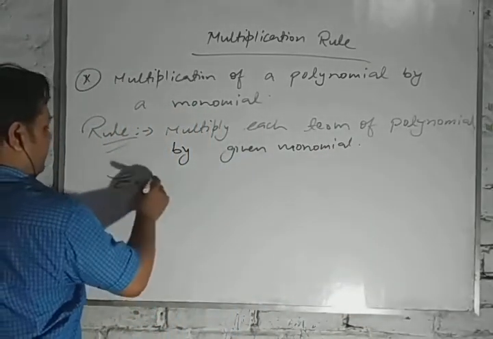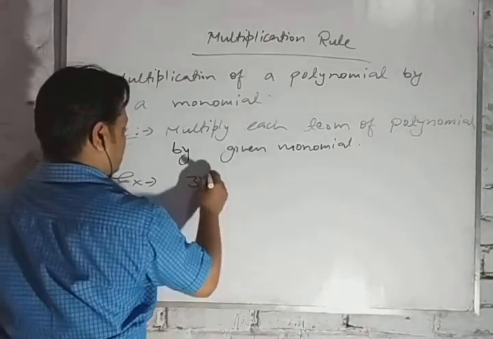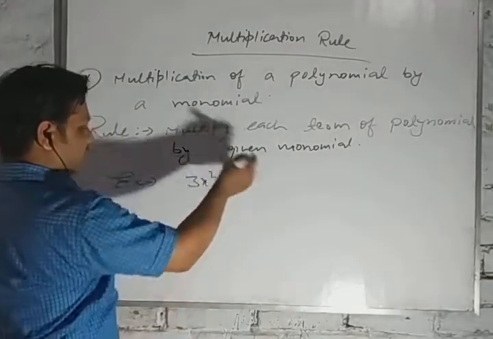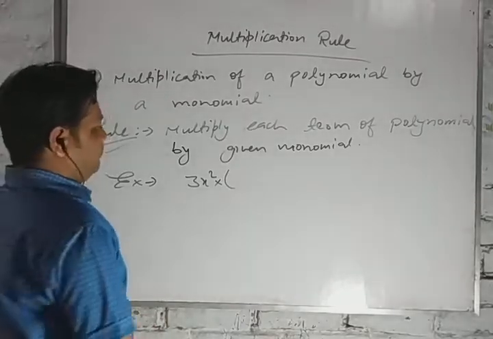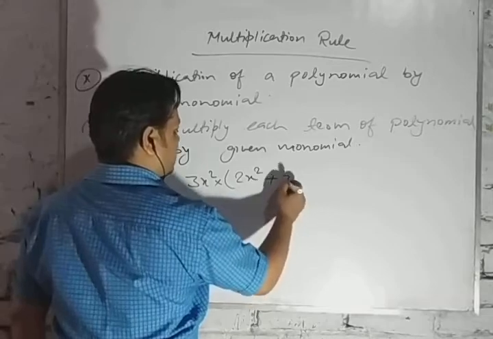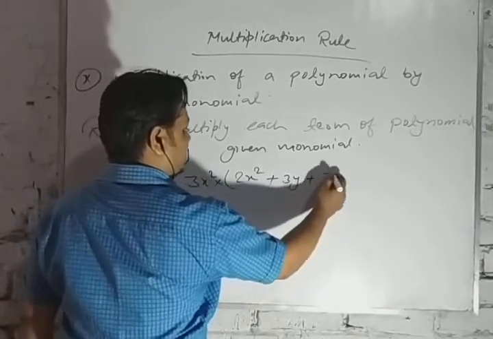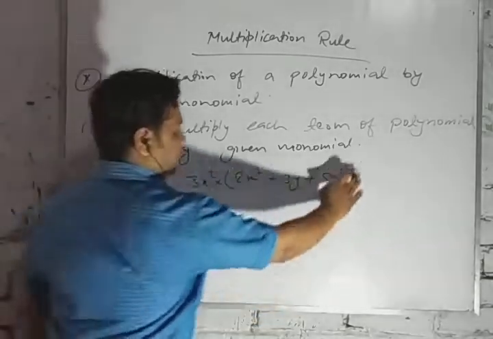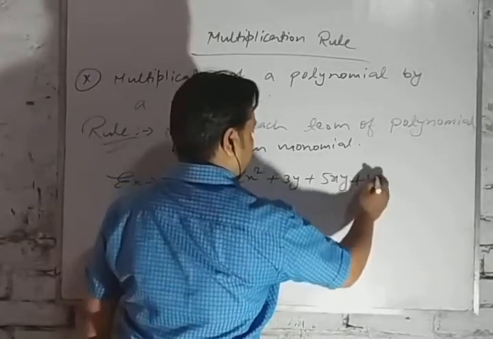For example, if the monomial is 3x square, and in the bracket there is a polynomial given: 2x square plus 3y plus 5xy plus 4. One more, plus 4. Okay.